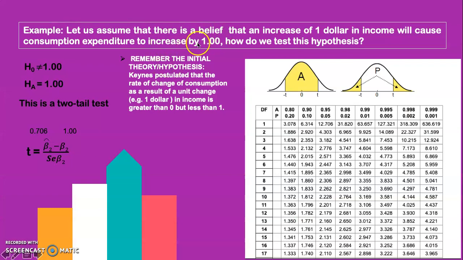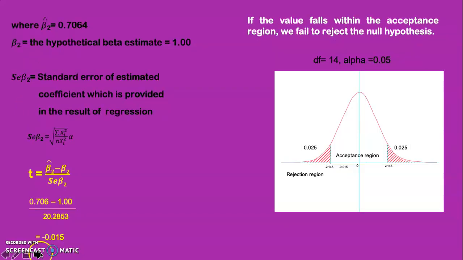We're going to take the hypothetical value of the estimates and subtract it from the initial value of the estimates from our results. Then we divide that by the standard error of beta 2, which was taken from our results. If you carry out the calculation, you will get a value of minus 0.015.